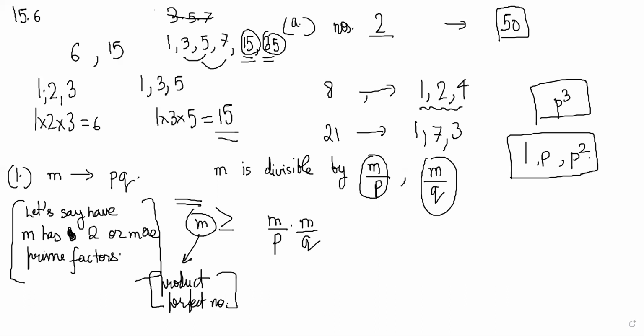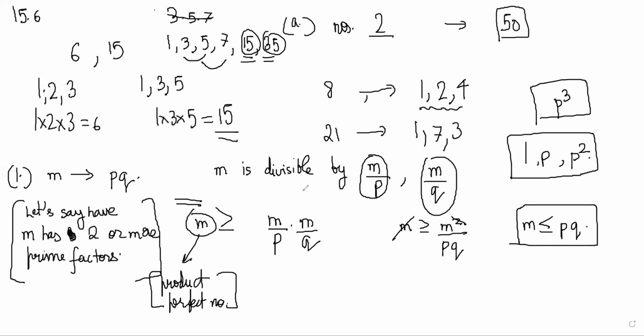Because these are 2 divisors and that side is all divisors. So M is greater than or equal to M square by PQ, and this cancels this M. So this gives us M is less than or equal to PQ.